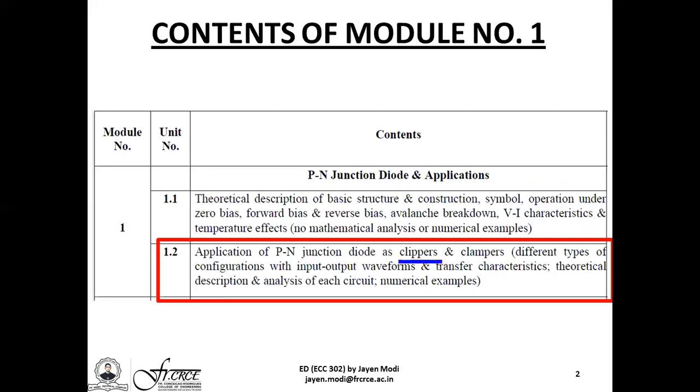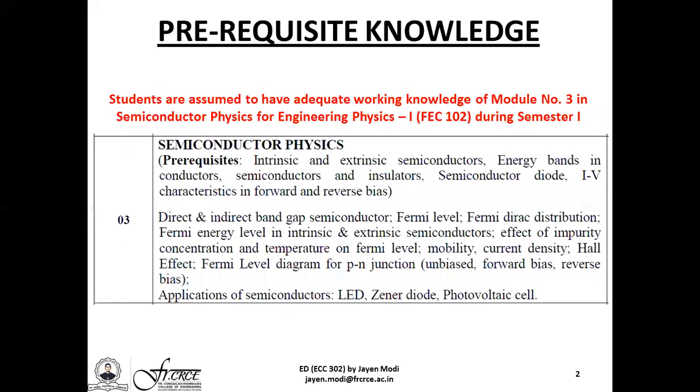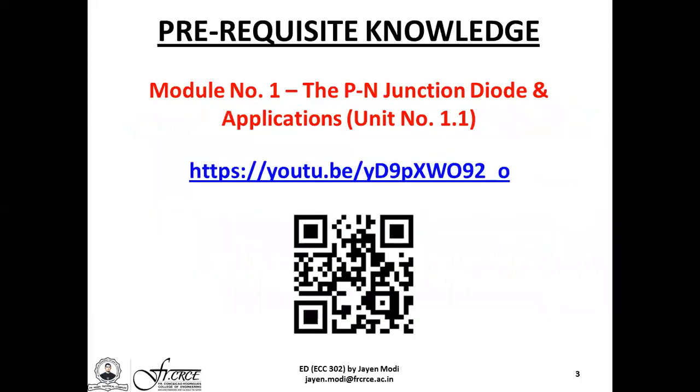Now, before we go further, it is my sincere request that you have prerequisite knowledge about semiconductor physics, which you already studied in semester 1 for the subject Engineering Physics 1. Apart from this, we have already covered module number 1 through a video lecture titled the PN junction diode and applications.